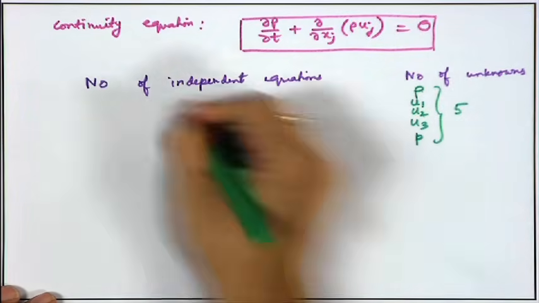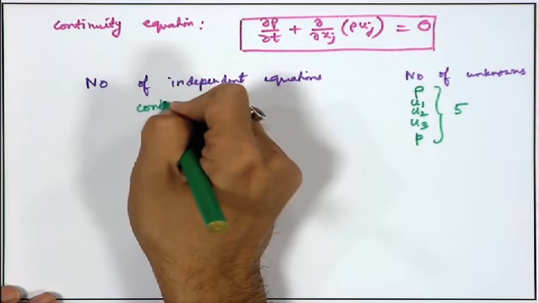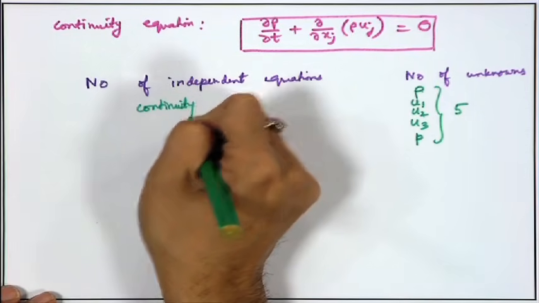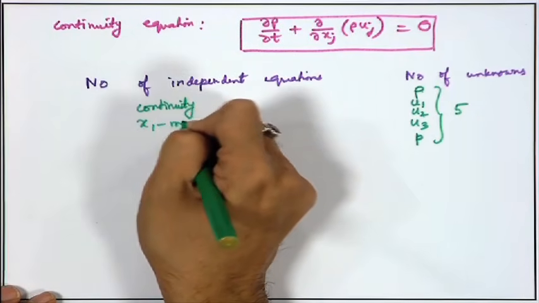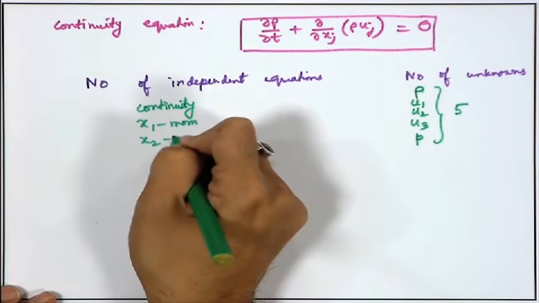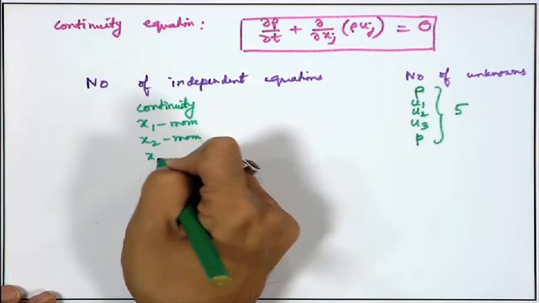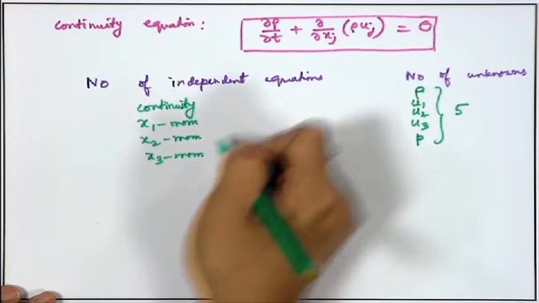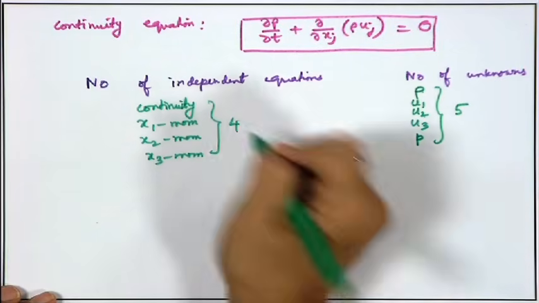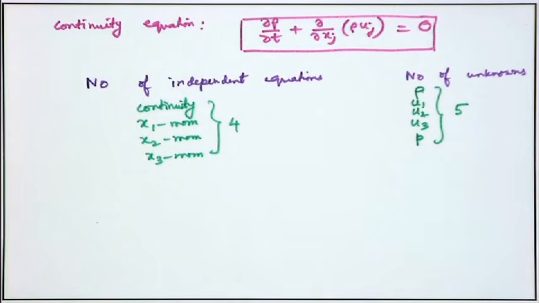What are the independent equations? The continuity, x1 momentum, x2 momentum and x3 momentum. So, 4 equations.